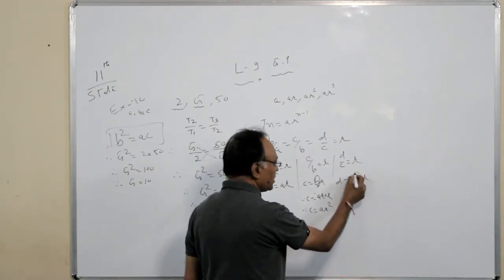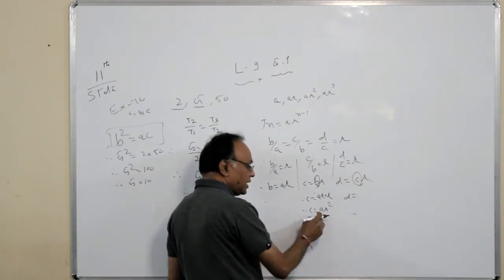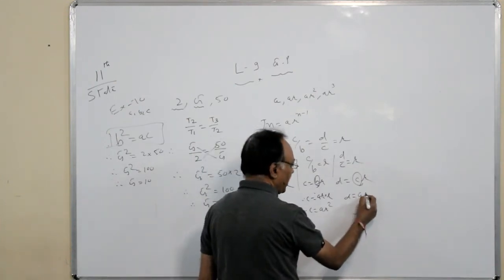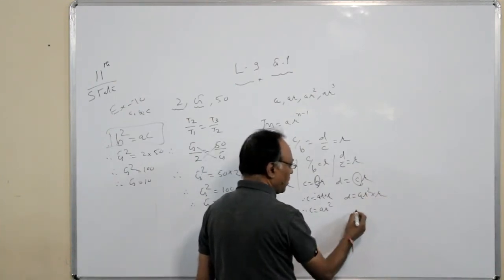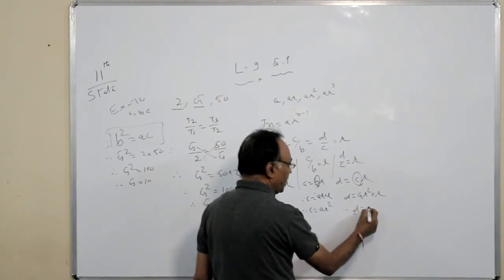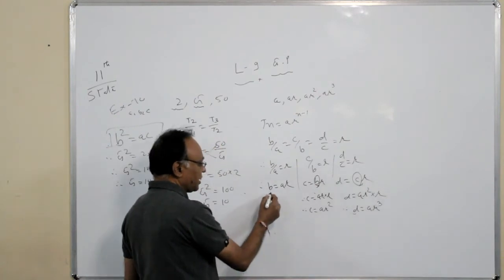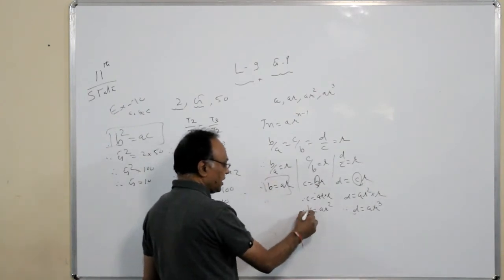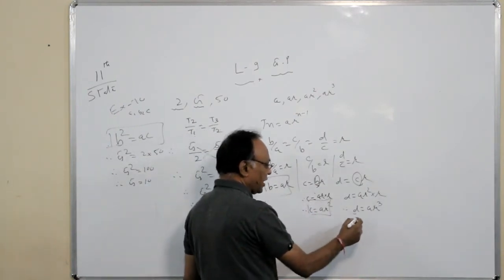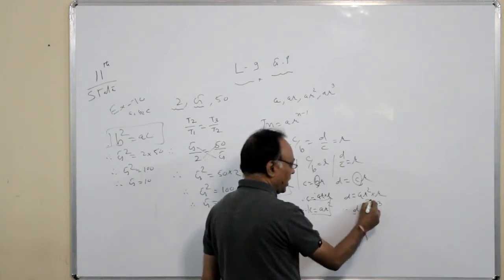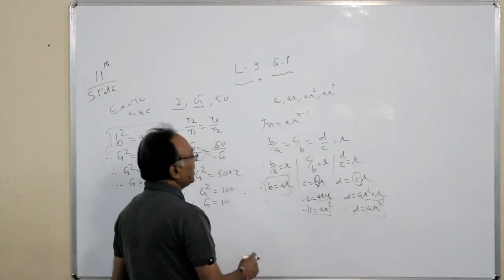And D is equal to C into R. What is the C value here? It is AR square into R. Therefore, D is equal to AR cube. So B is equal to AR, C is equal to AR square, and D is equal to AR cube.